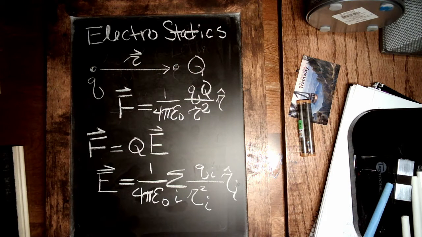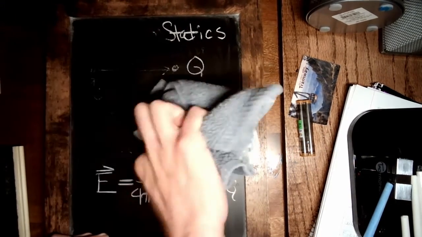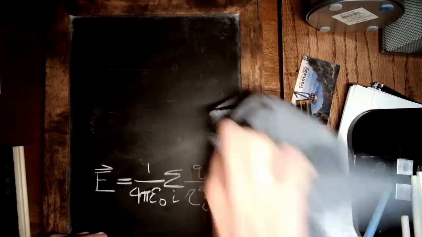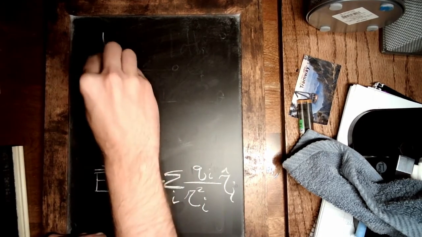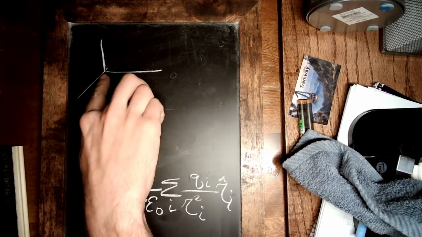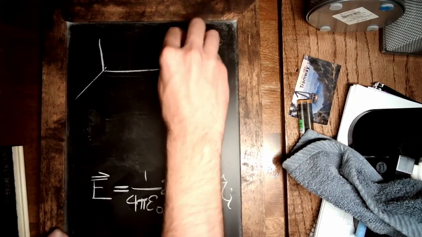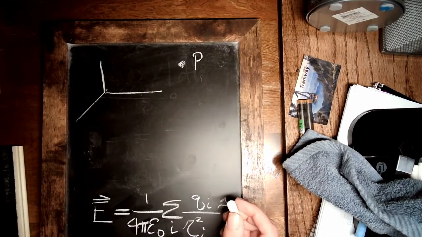And the way we can understand this is in terms of the following picture. Imagine we have some coordinate axes like that. We want to say this is our origin. We want to place our point of observation, P, somewhere out there in space.